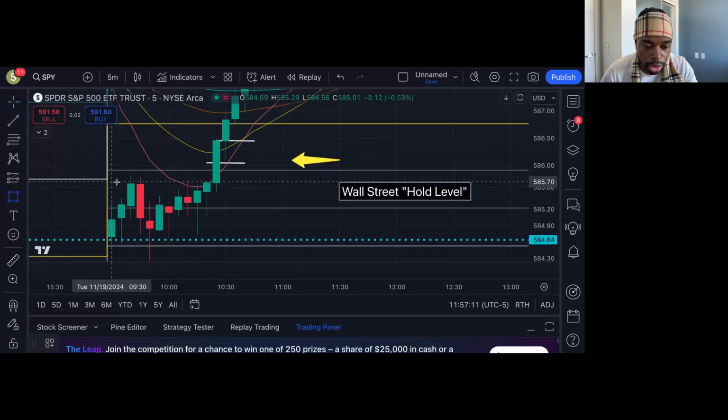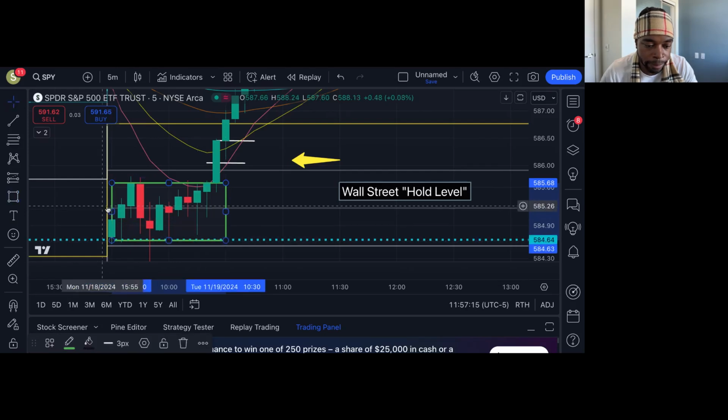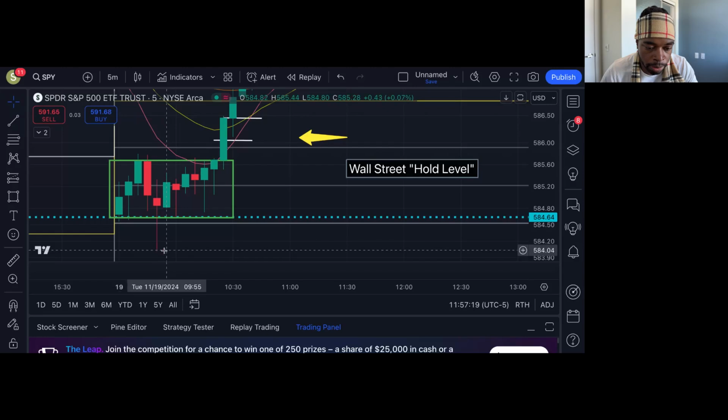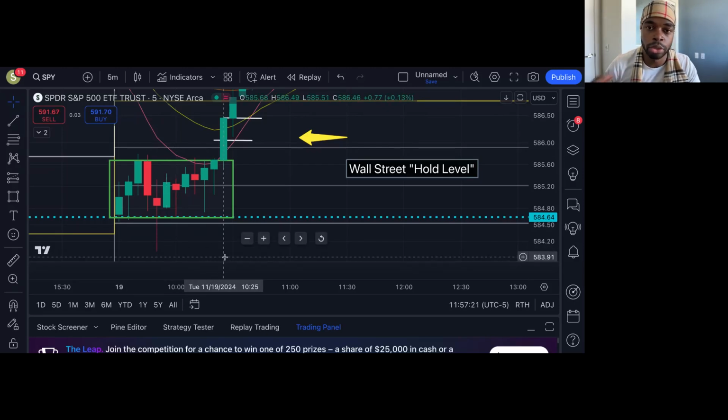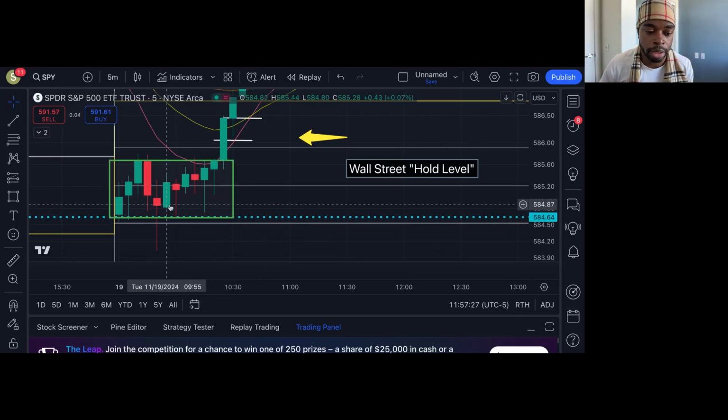I usually draw what I call a consolidation box around these bars. And I don't draw it from the wick because wicks don't count. We want to see where price action is finishing at the end of these 5-minute time frames, where buyers and sellers agree that price should be. So we had a low here, well, an open, and then we had a close and an open here.